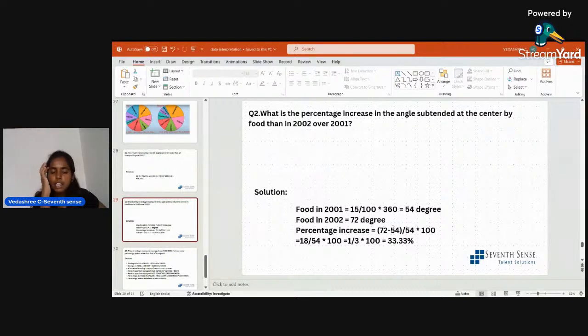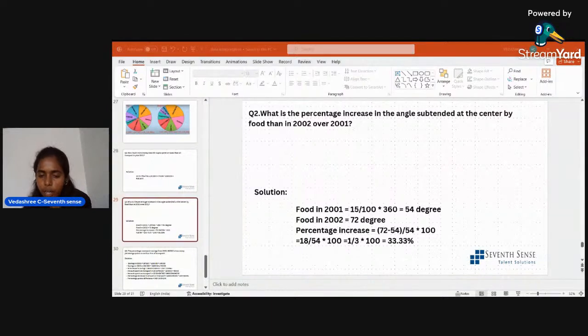To calculate the percentage increase, first we subtract both degrees, that is 72 minus 54, divided by 54 into 100. We know this formula for percentage. By calculating this, we'll get 33.33 percentage.